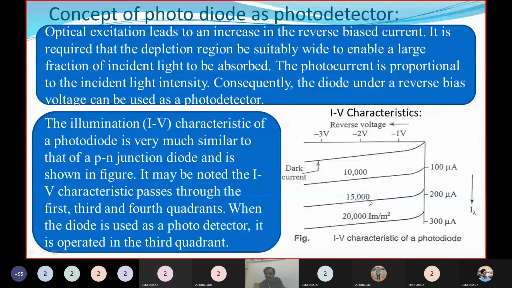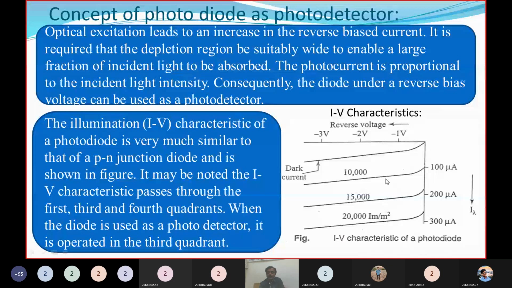If you increase the intensity to 15,000 lumen per meter square, the current will be 200 microamps. Similarly, if you take 20,000, if you increase the intensity, the current also increases. If you increase the intensity of the light, the current also increases like that.